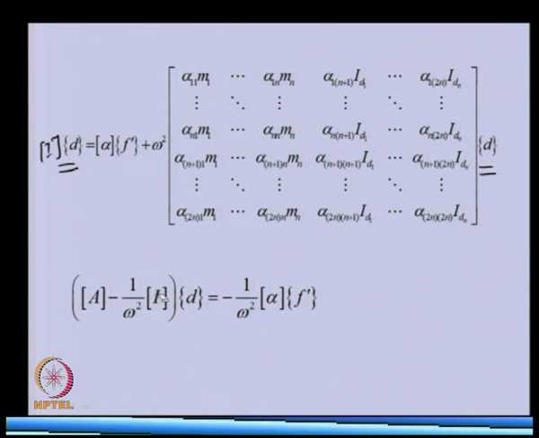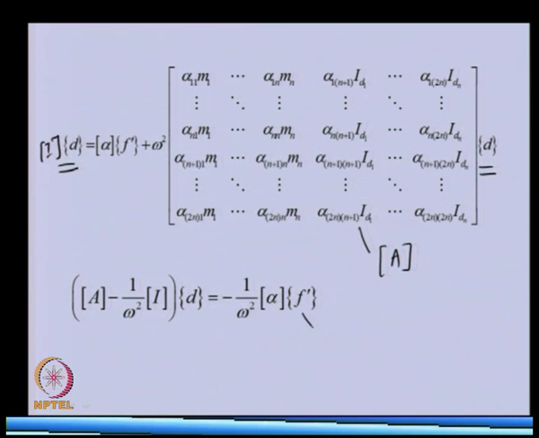You can see A is this matrix, D is common, and I have divided throughout the expression by omega square. So, this 1 by omega square term is coming here, also here, and this is on the other side: minus 1 by omega square alpha into F.